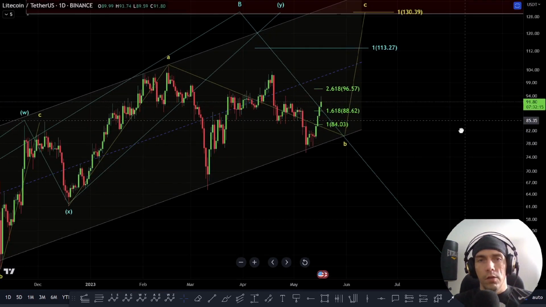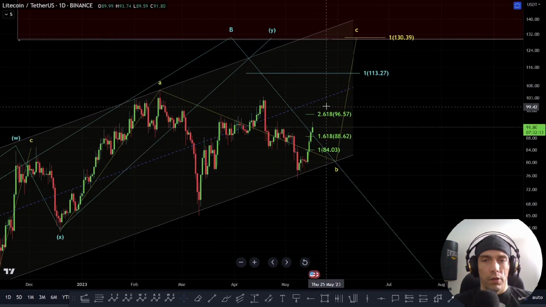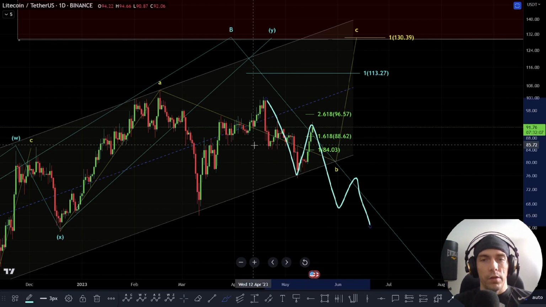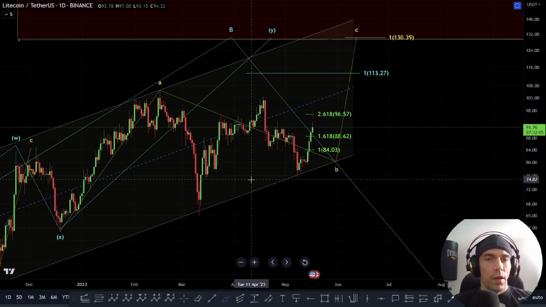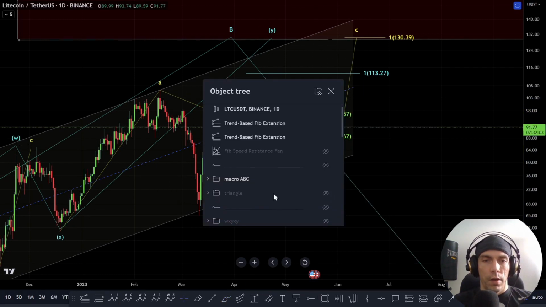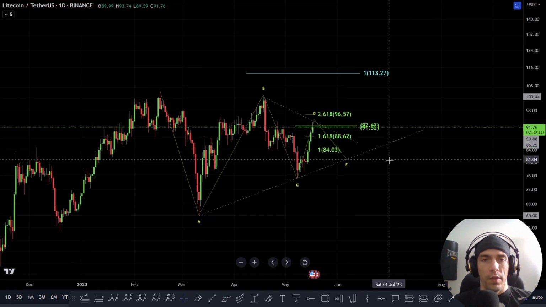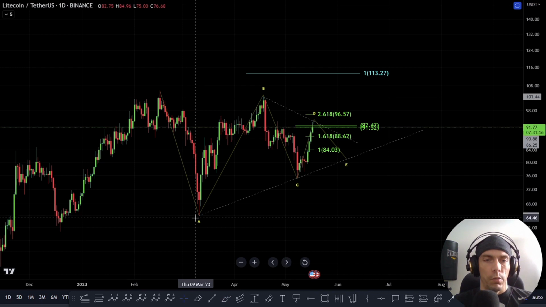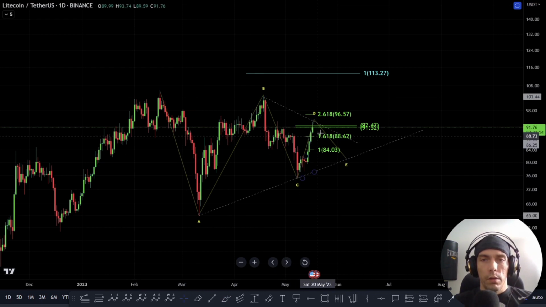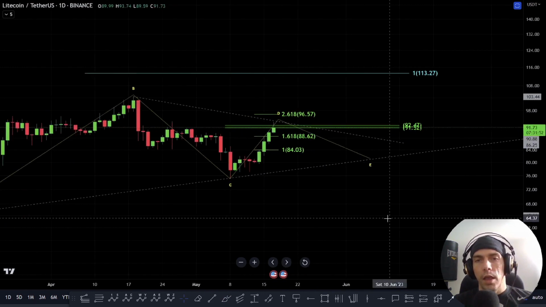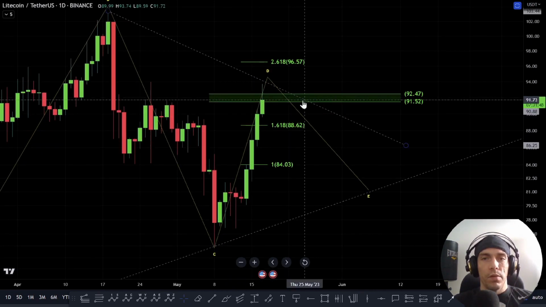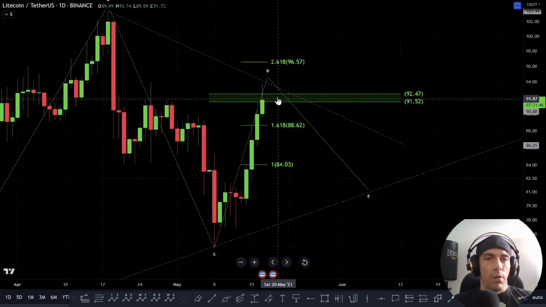So another thing to just bear in mind is that if we fail to actually break down in a bigger way, so if we fail to form this as 1, 2, 3, 4, and 5, for instance, as a diagonal pattern, what we could actually see going on here is something more along these lines, where we could actually be forming a triangle within this zone, where this is A, B, C, looking for a D wave, and then possibly getting an E wave. Now, we'd only get confirmation with this D wave touch point, and we have come up to this 0.618 area already.